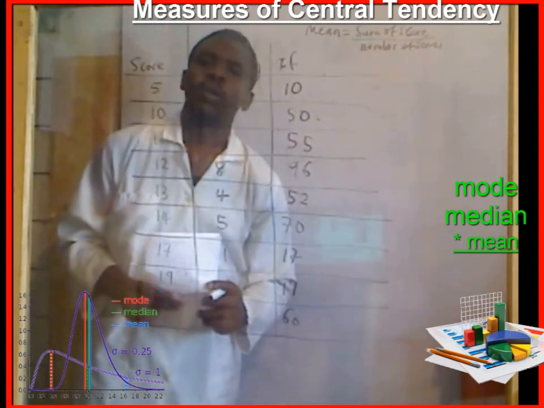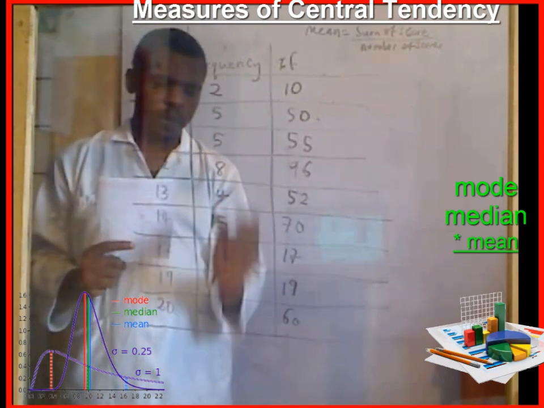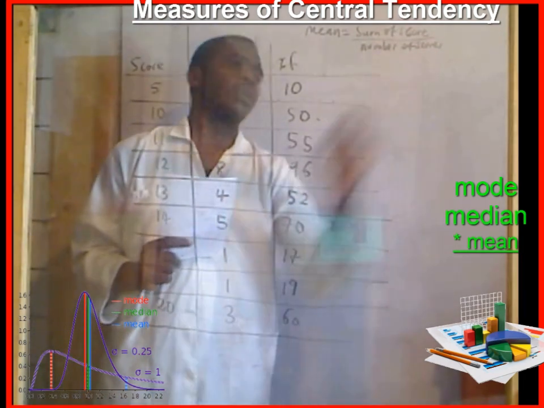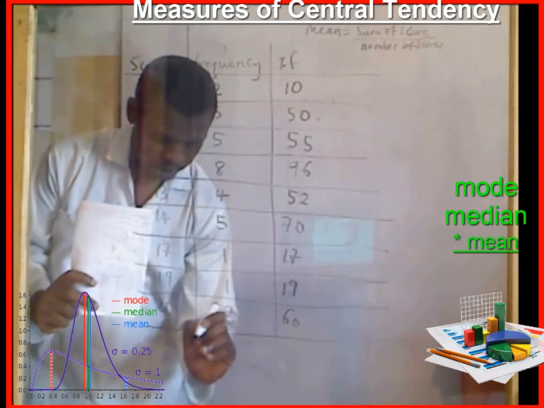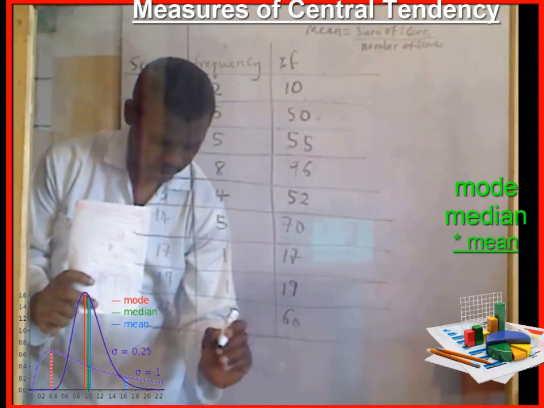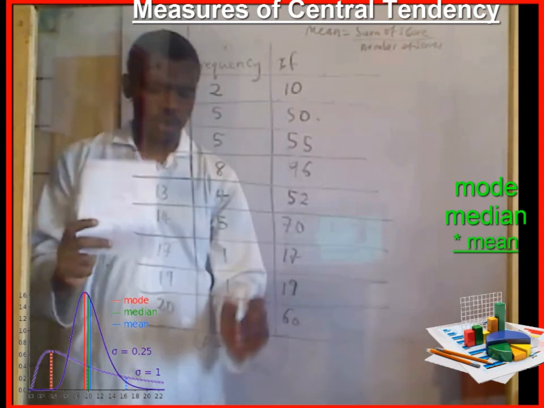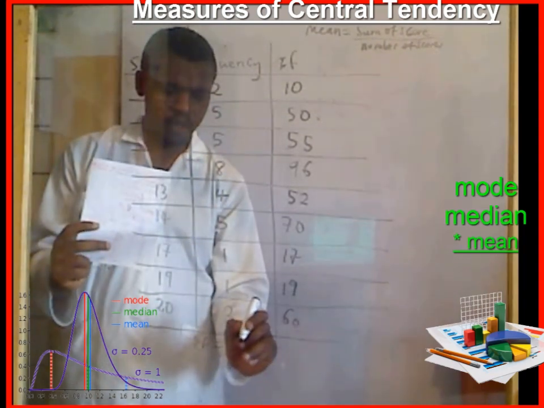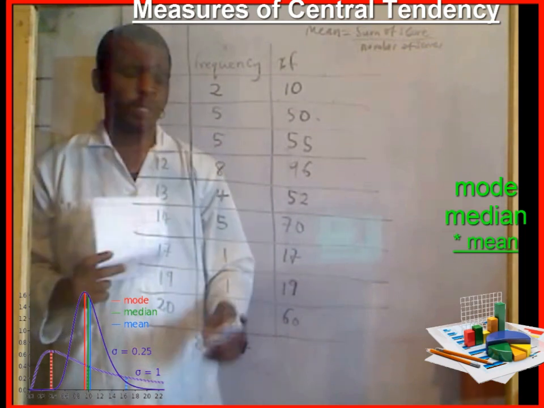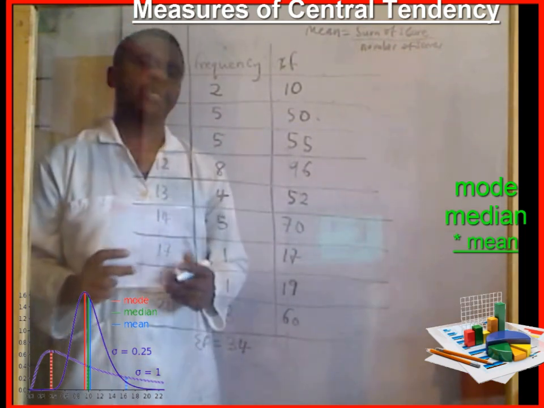So now, what is the sum? The sum of the frequencies give us the number of scores. So sum here of frequency. How many scores are there? So this should be, adding all of it gives us 34. So there are 34 entries or scores in that data.